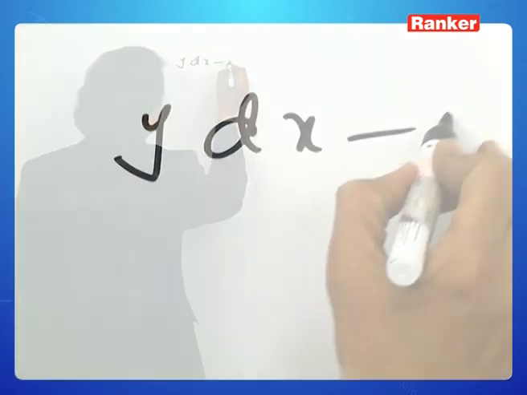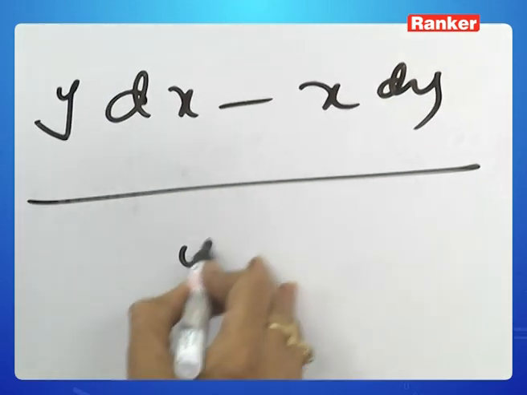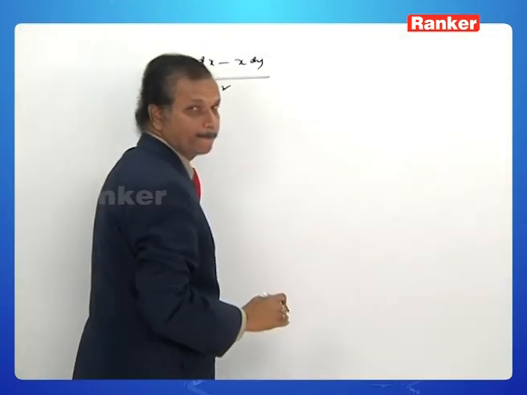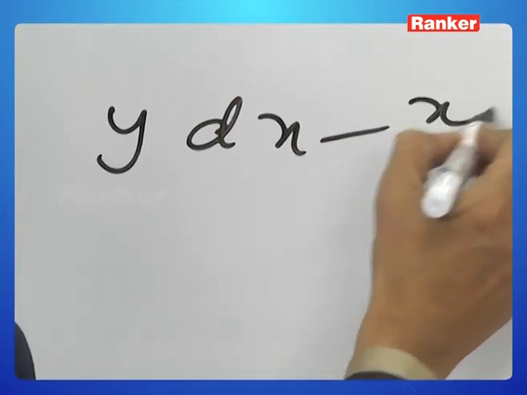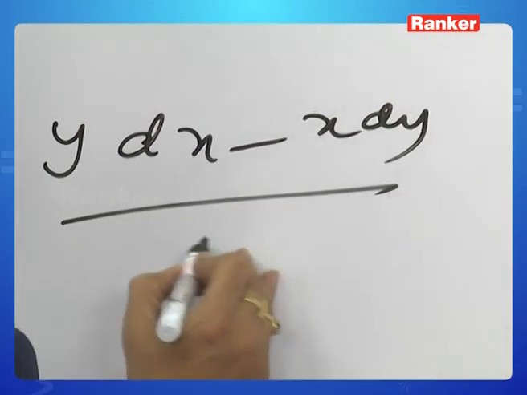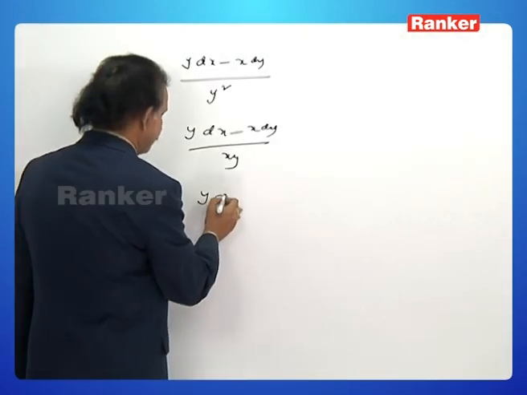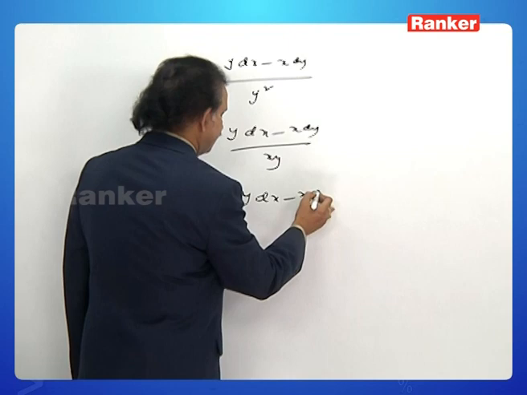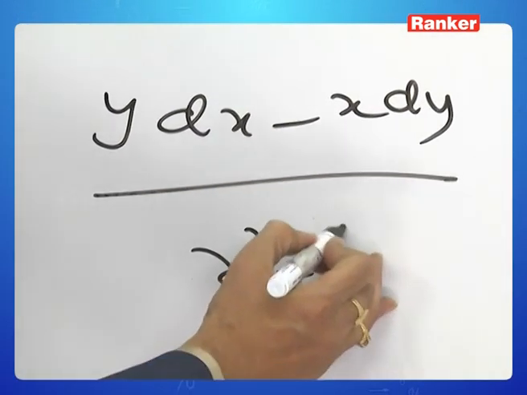y dx minus x dy by y square, y dx minus x dy by xy, y dx minus x dy by x square plus y square.